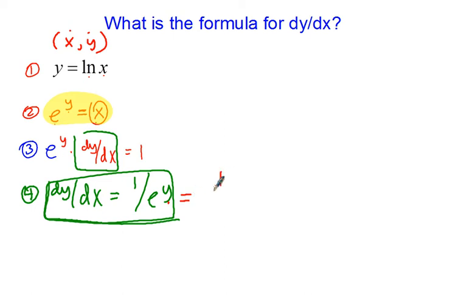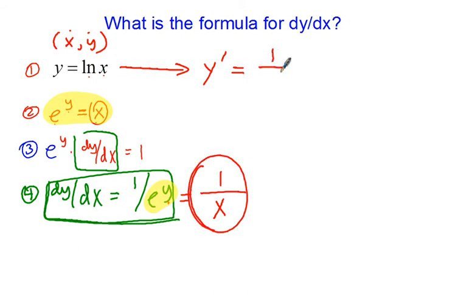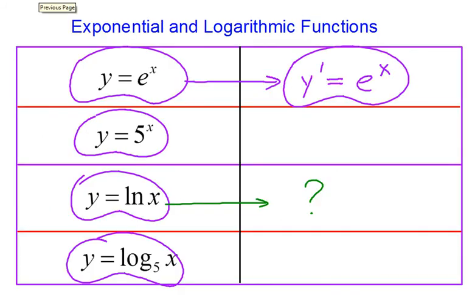So we can take out this chunk, e to the y, and replace it with simply x. What we end up with is a formula for y prime. y prime is given by the very simple formula 1 divided by x. And that is the derivative formula for the logarithm function. y prime is 1 over x.